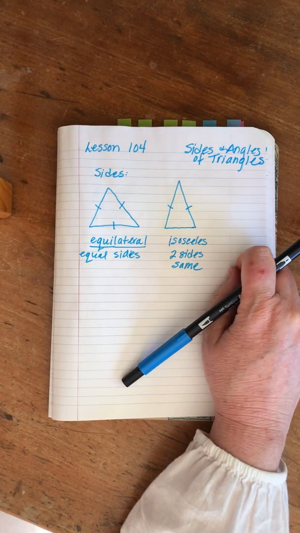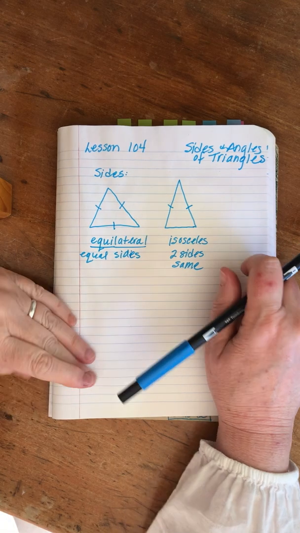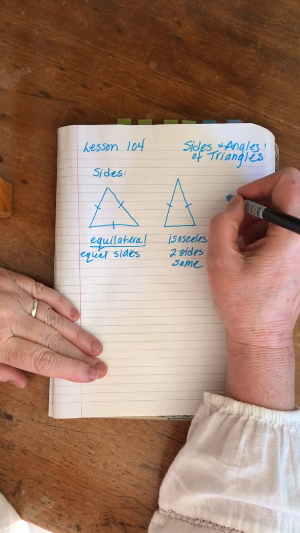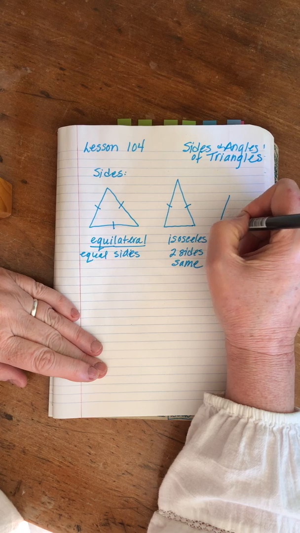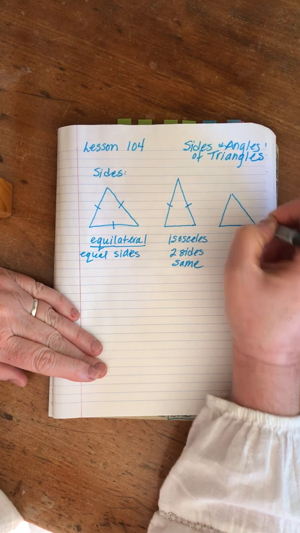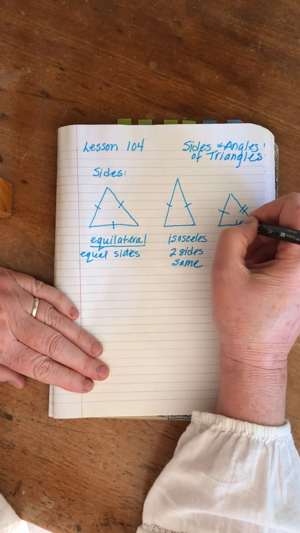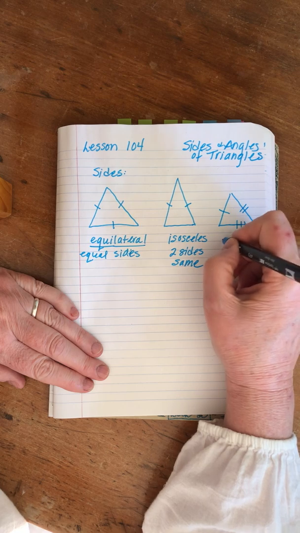And then we have a third version that's hard to draw because they're so weird. Oh, it looks like an equilateral. Pretend it's not. Pay attention to the markers.